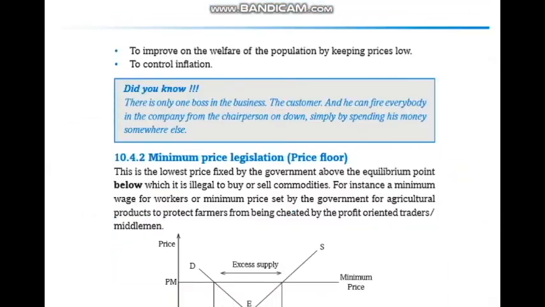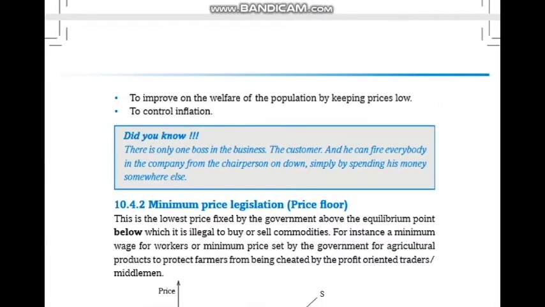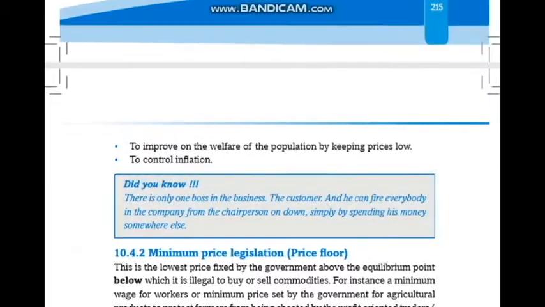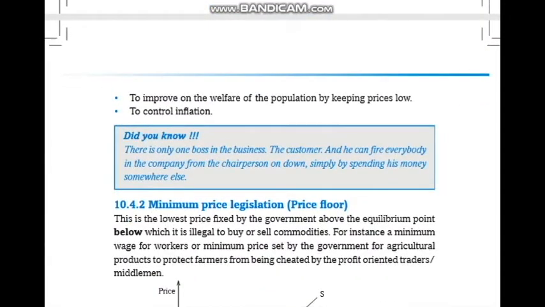You have to read carefully that to improve on welfare of the population by keeping price low to control inflation. So the government fixes the maximum price to protect the consumers from being cheated by the profit-oriented sellers, to maintain stability of prices and avoid fluctuations, to control monopoly tendencies of increasing prices, to encourage consumption of particular commodities, to improve on the welfare of the population by keeping prices low, to control inflation.